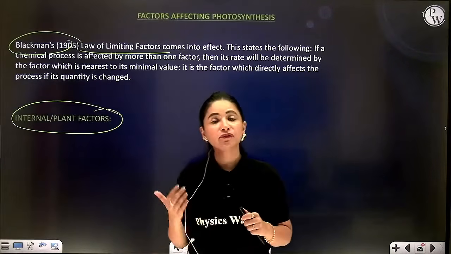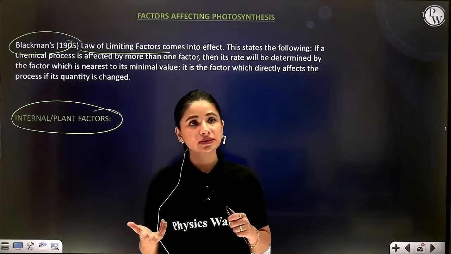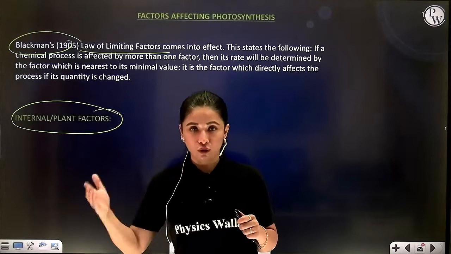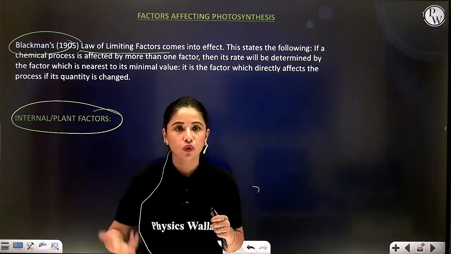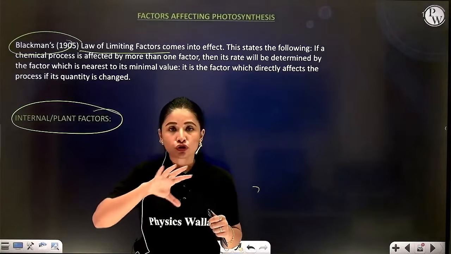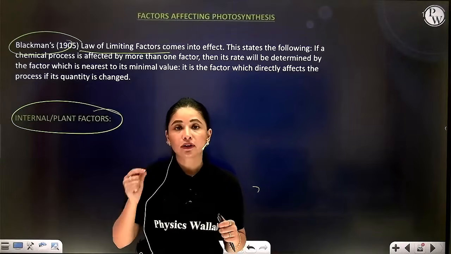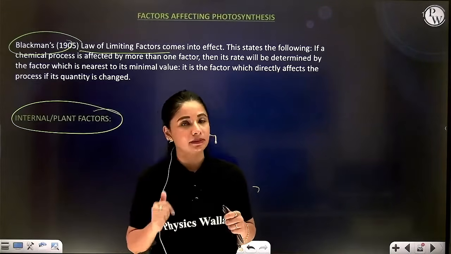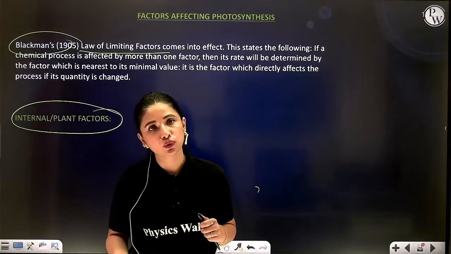For example, photosynthesis is governed by so many factors like CO2, water, nutrients, light, etc. When so many factors govern one chemical reaction, the factor present in the least amount decides the rate. In photosynthesis, it is CO2.